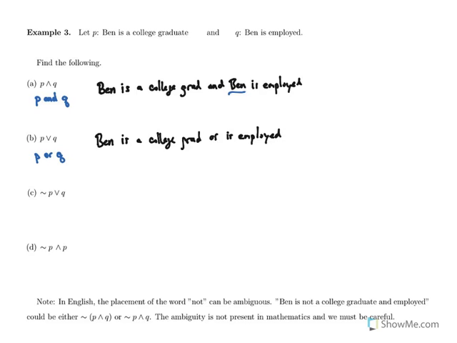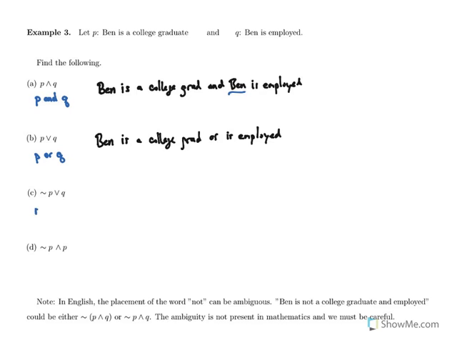And although you may feel differently, I know that my first instinct when I hear a statement like that is, I think Ben is a college grad or he's employed is either or. It's one or the other, but not both. But when we're talking about mathematical language and we're using the inclusive or, this could be both happening at the same time, which in this case is true.